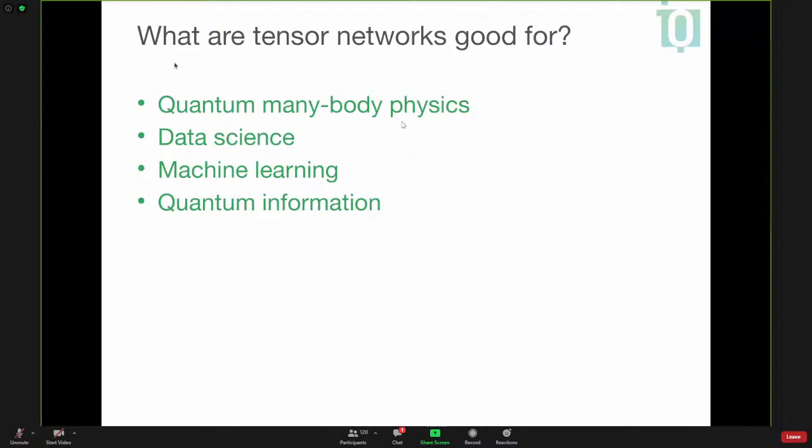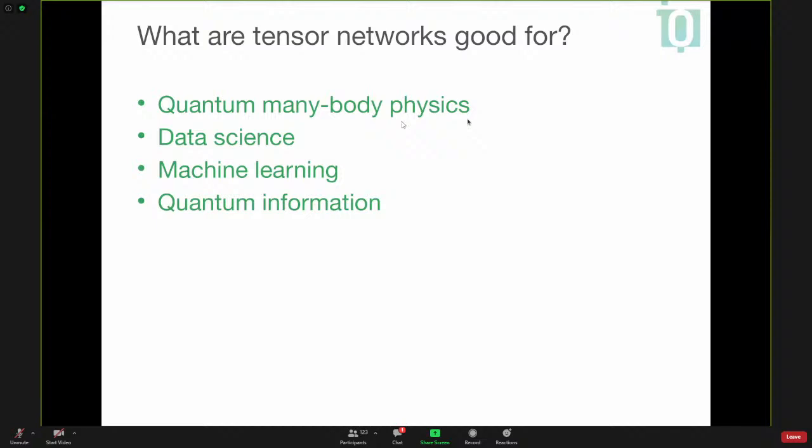Let me just quickly mention here, what are tensor networks used for currently? Obviously, we started with quantum many-body physics. So people talked about classical models, people talked about 1D Heisenberg, quantum spin models, etc., for which they wanted to find the ground state or the partition function.